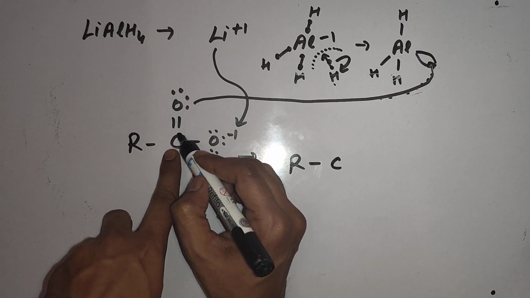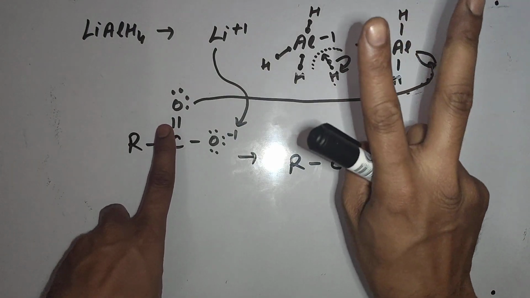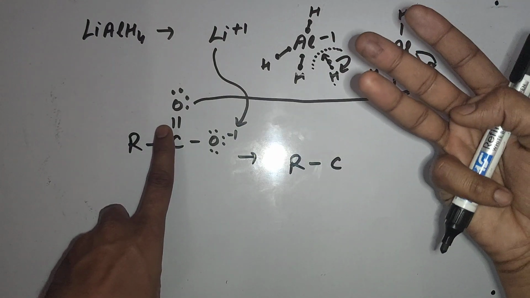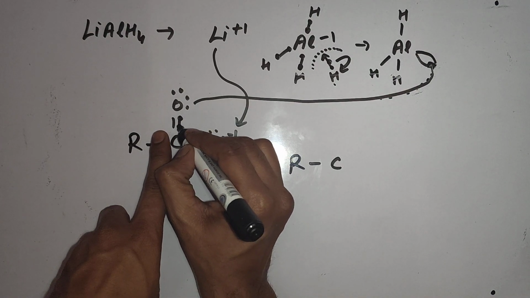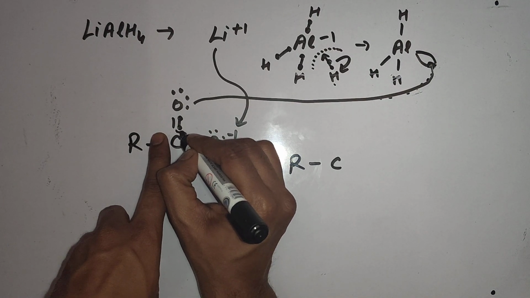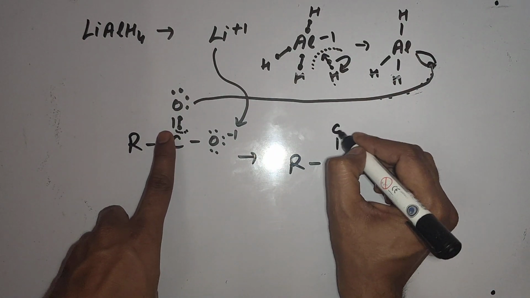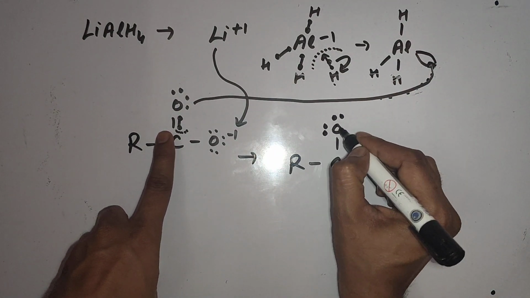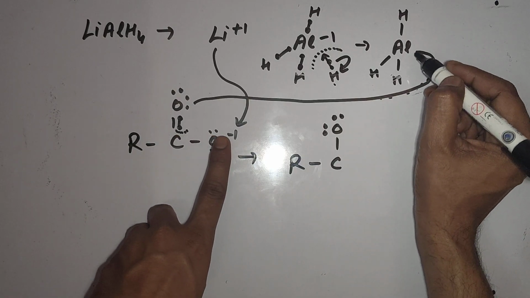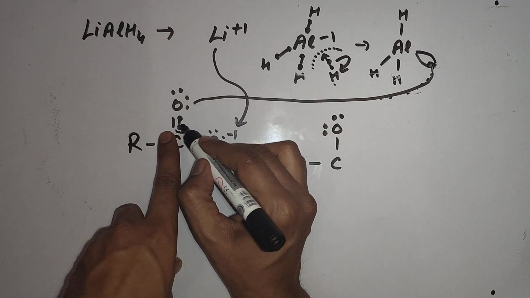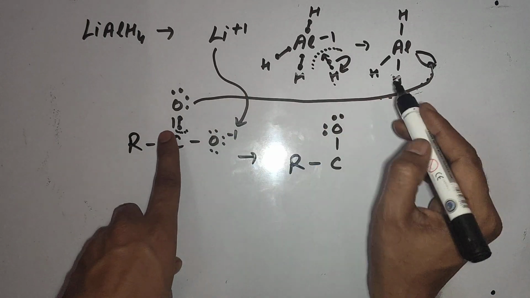Now when oxygen makes a bond with aluminium, we know oxygen can't make 3 bonds. If it is making 3 bonds, it will become unstable. So obviously what it will do, it will break the bond from carbon, and which electrons will it shift toward aluminium? Pi electrons. First understand the aluminium condition. Right now aluminium is neutral because it doesn't have any extra electron. But when oxygen provides an electron, it will have an extra electron of carbon toward it.